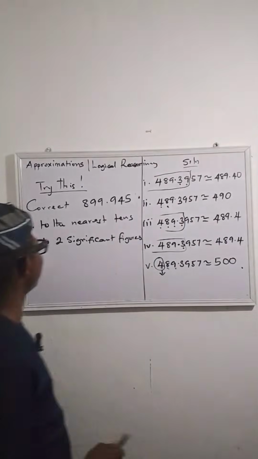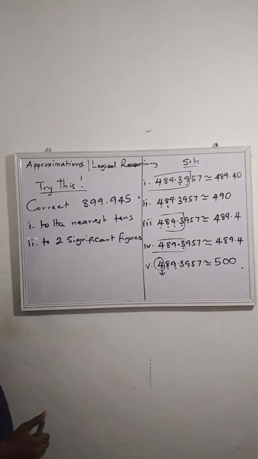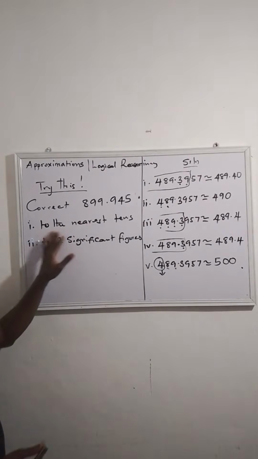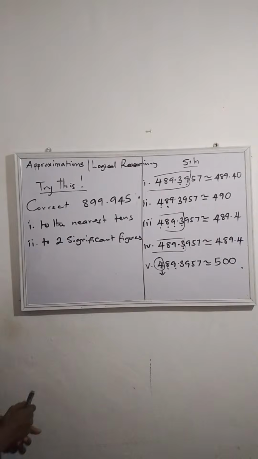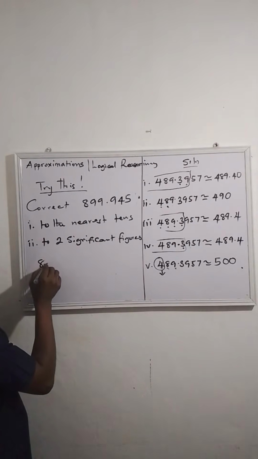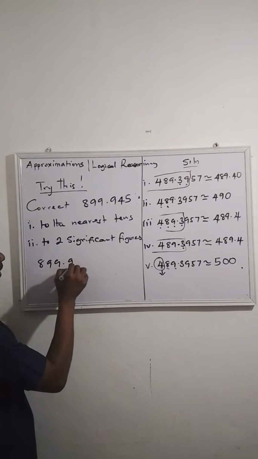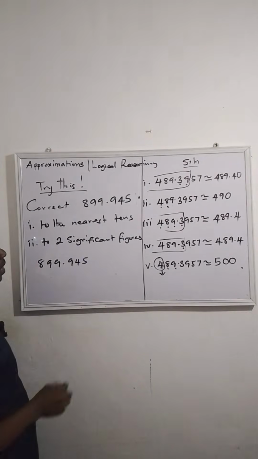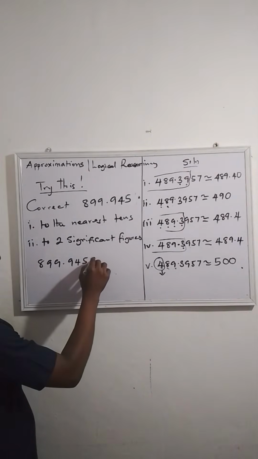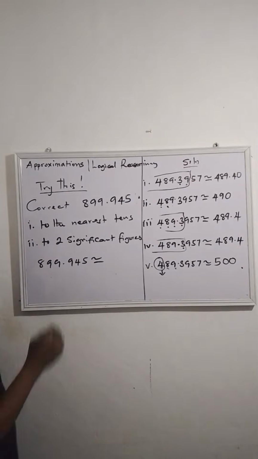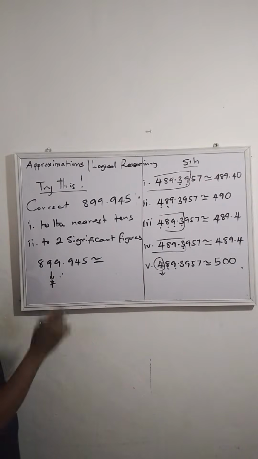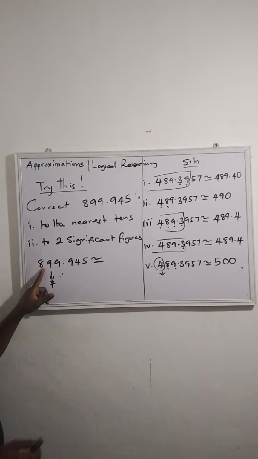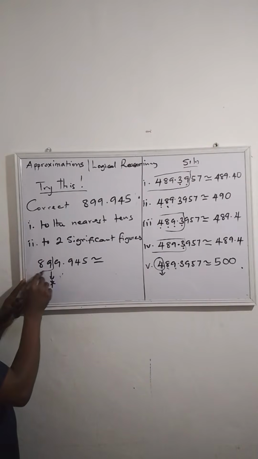Okay, now let's verify. Now the question asks you to correct this to the nearest tens. Now let's convert this to the nearest tens. We have 899.945. Now to the nearest tens. Now this is position units. And this is position tens. This is where we are coming. Okay? Alright, so now this is what I'm writing.